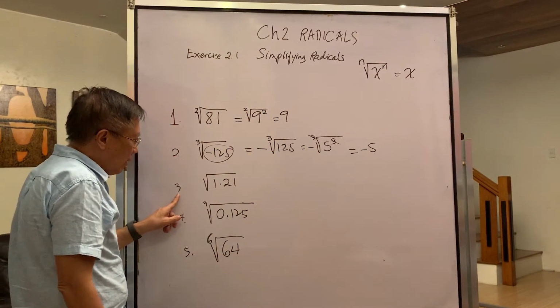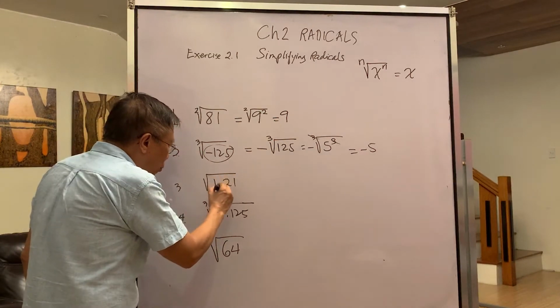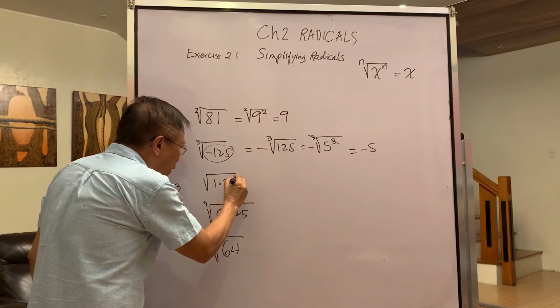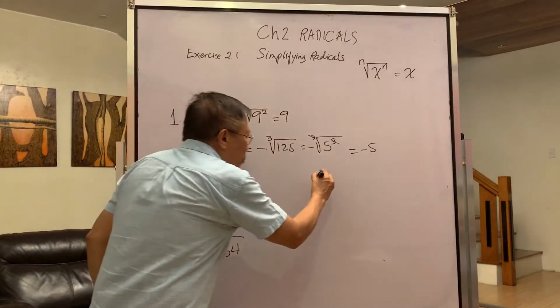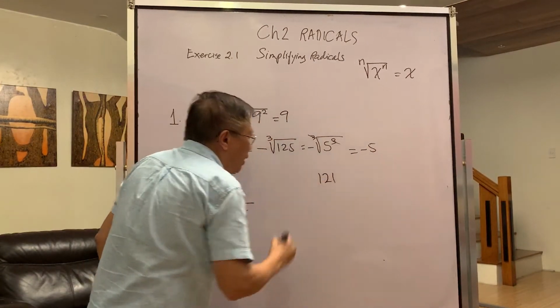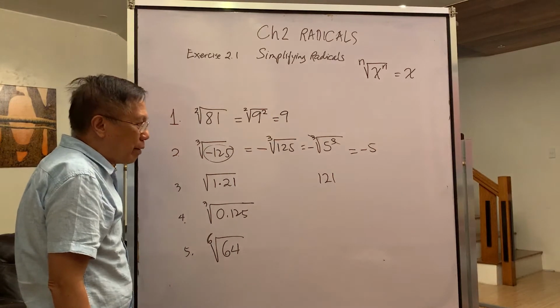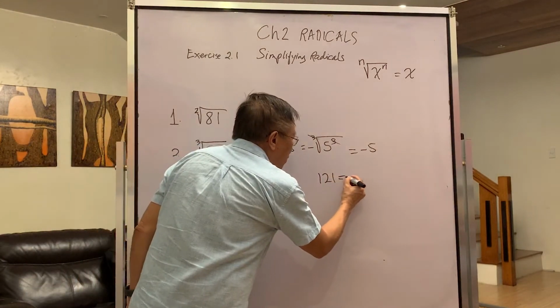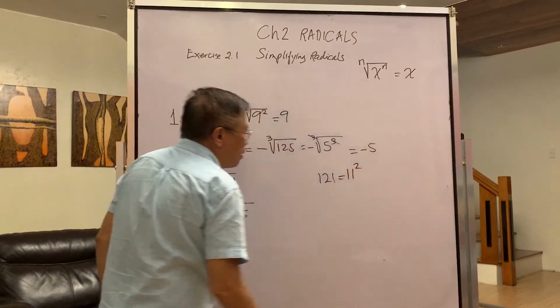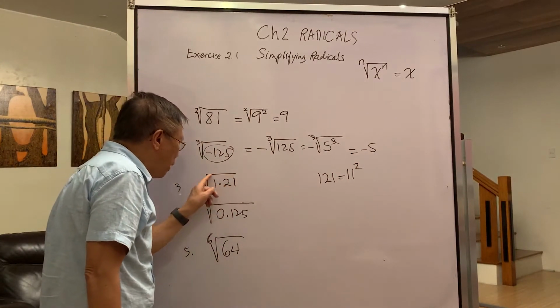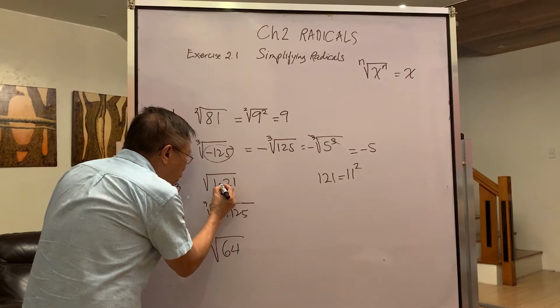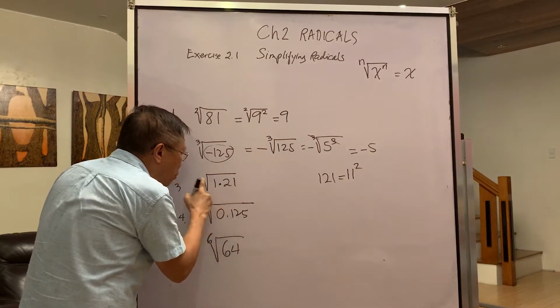Number 3. This is the square root of 1.21. If you would recall, 121 is a perfect square. 121 is actually 11 squared. If this is supposed to be a perfect square, the number of decimal places should be divisible by 2.